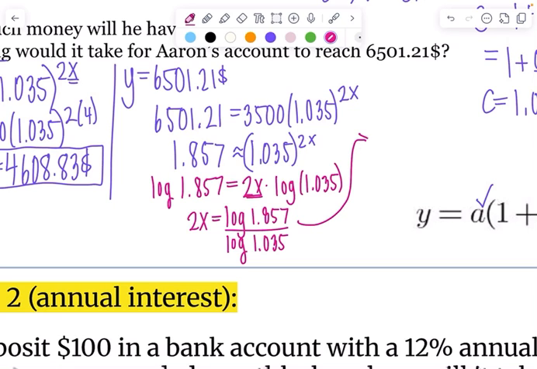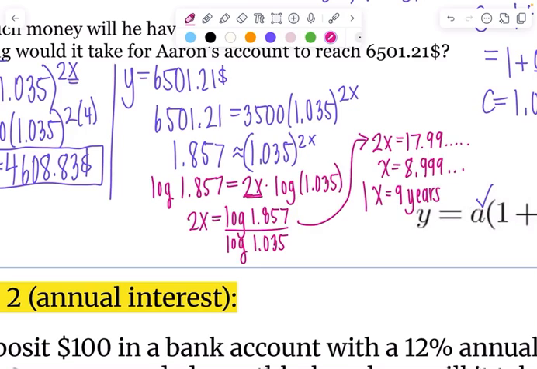So I'll write here, 2x is equal to 17.99, repeating for a little bit, and then divide by 2. X is 8.999, repeating. So it's about 9 years for the investment to reach $6,521.